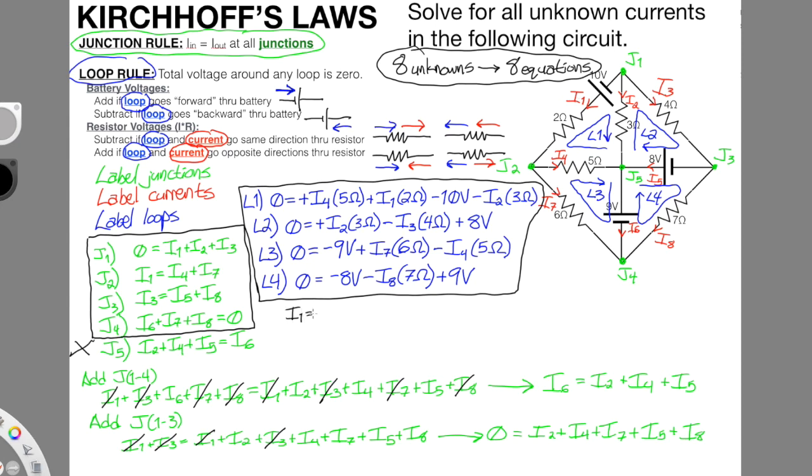To the nearest thousandth on all of these, I1 is 1.655 amps. I2 is negative 2.089 amps. I3 is 0.433 amps. I4 is 0.085 amps.